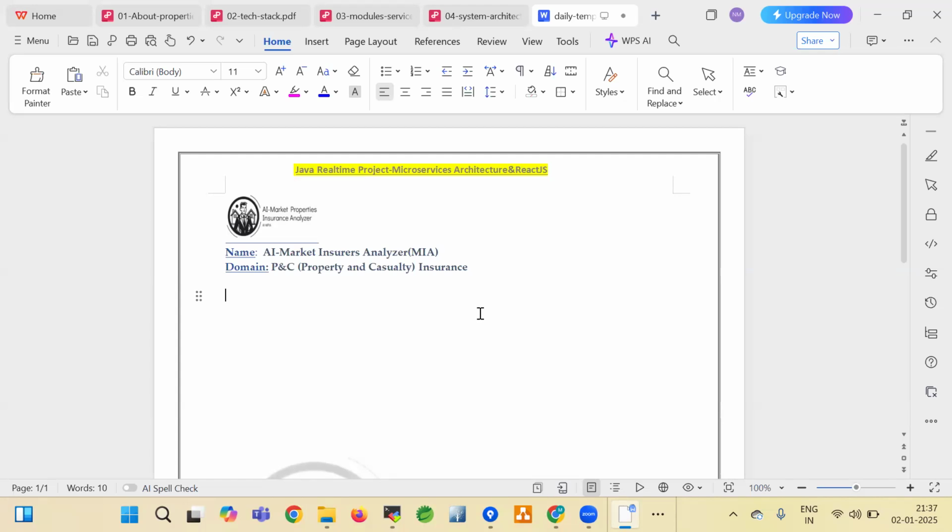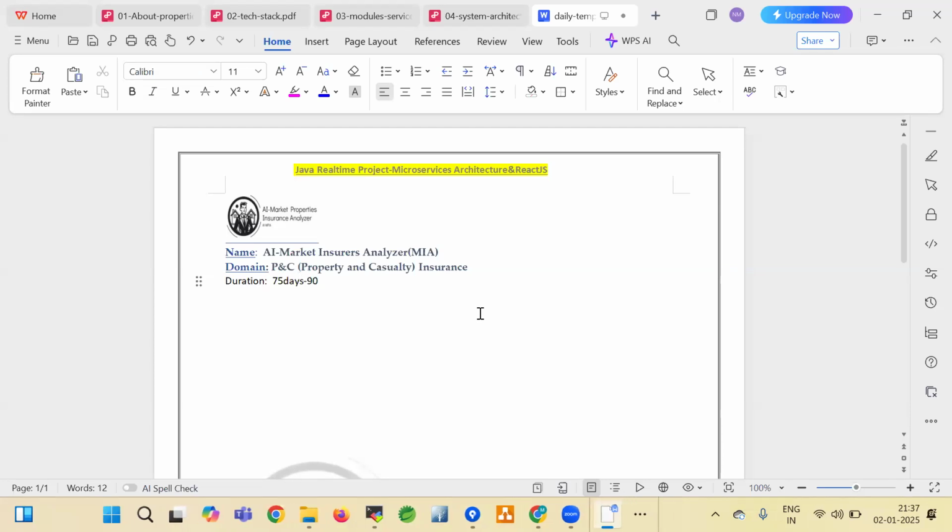So coming to this project, you all might want to know the duration that we're going to target: 75 days to 90 days. That's the targeted duration.